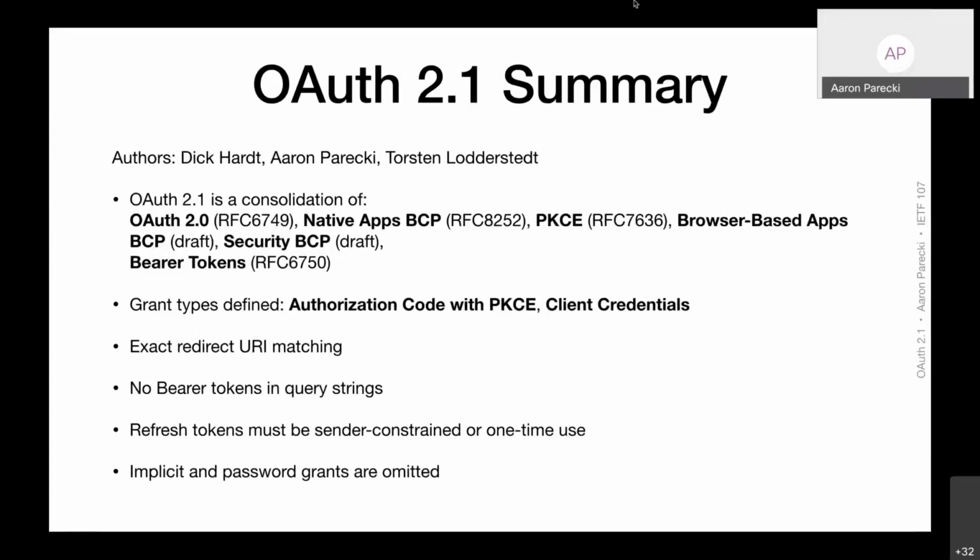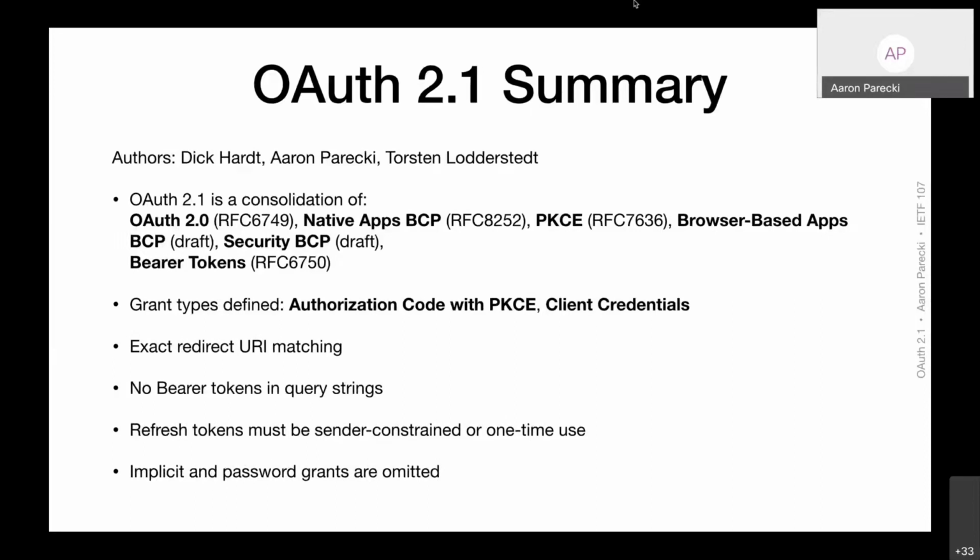So the idea with OAuth 2.1 is to start from the beginning, start from 6749, play these RFCs in order, and what you get at the end of them is what's then captured in this new document. You look at what's described across all these RFCs and best current practices, and you essentially end up with two grant types that are defined: authorization code along with PKCE, as well as the client credentials grant type.